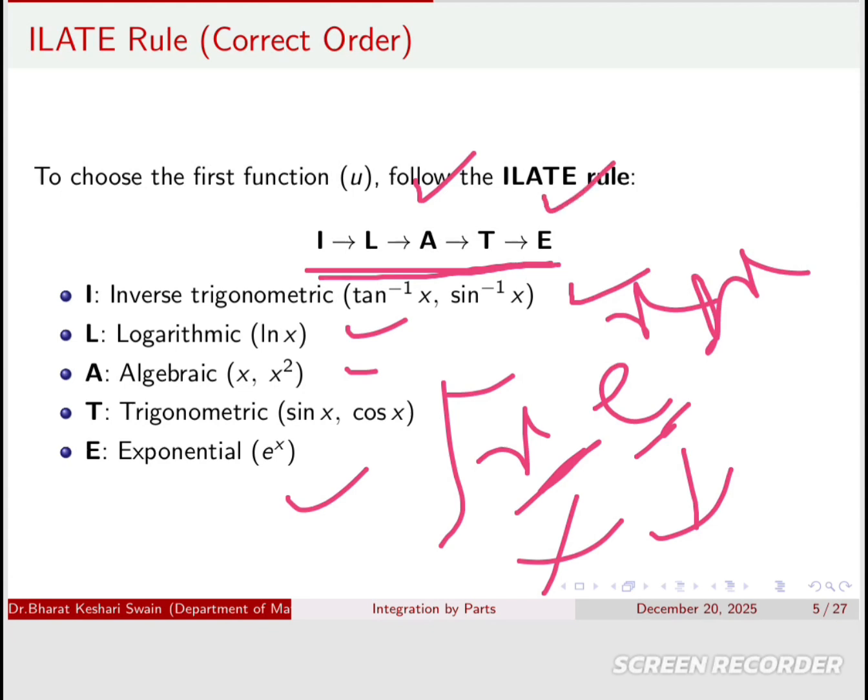Therefore, algebraic is your first function and exponential will be the second function. Like this we have to choose first and second function in this order. After choosing first and second function, we can apply the formula of by parts.